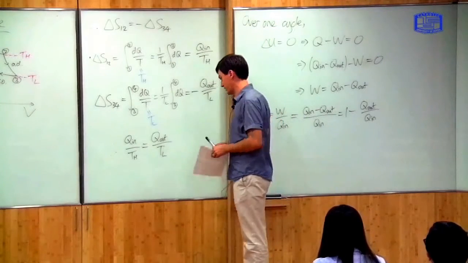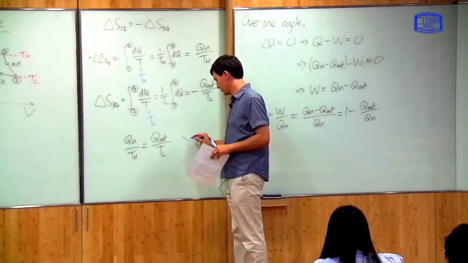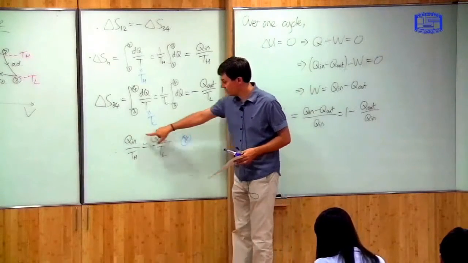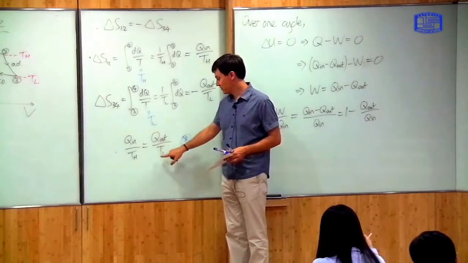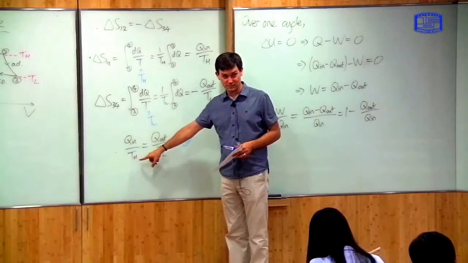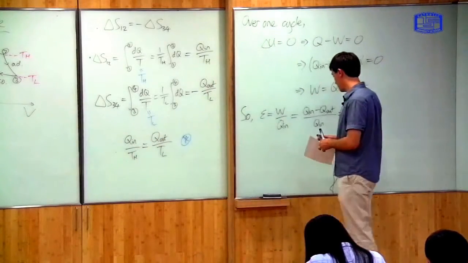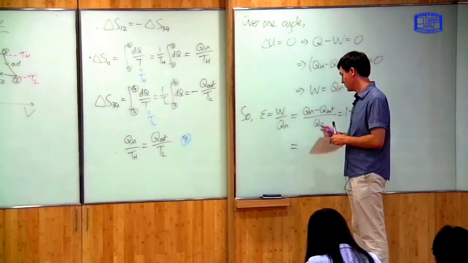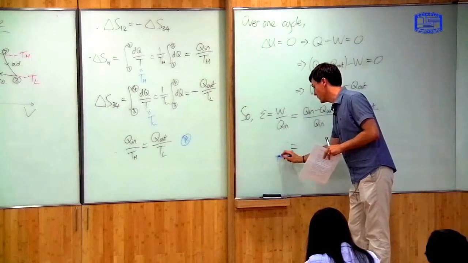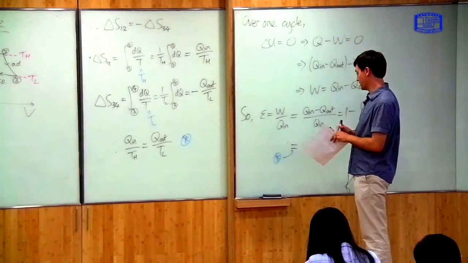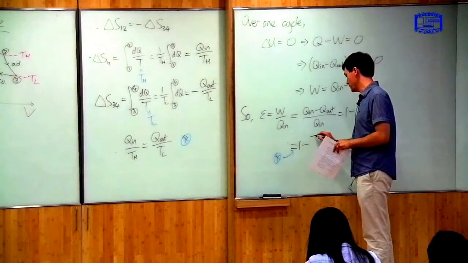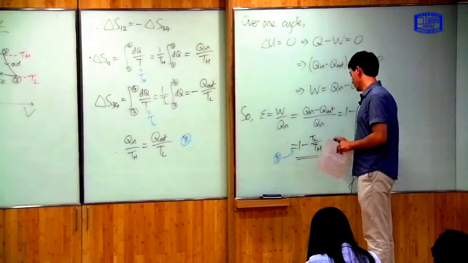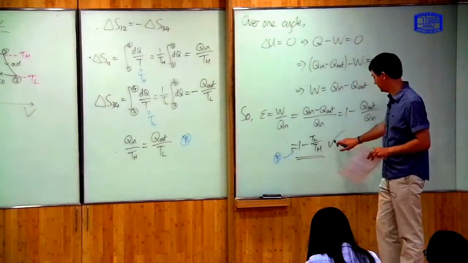Let me call this equation star. From this equation, you see that Q out divided by Q in is equal to TL divided by TH. So this whole thing is equal to 1 minus TL over TH, which is the result that I wanted to prove. Check.